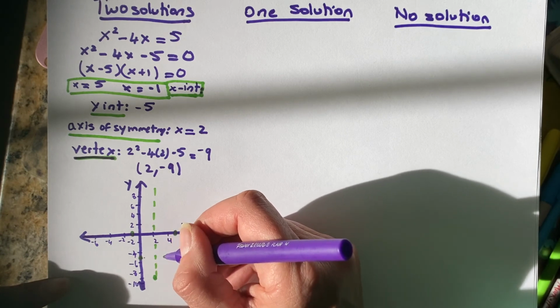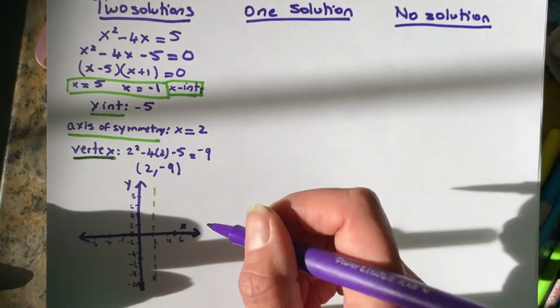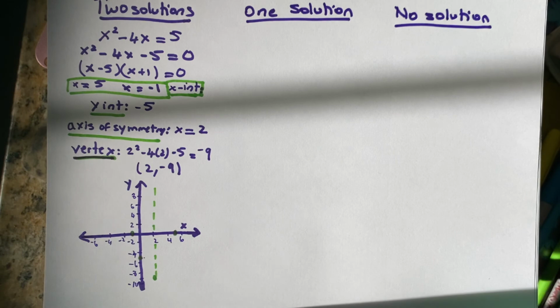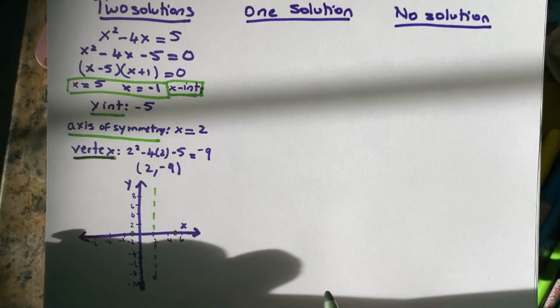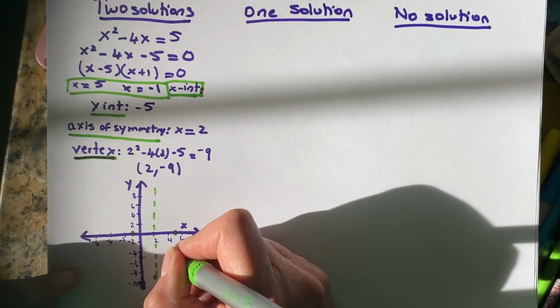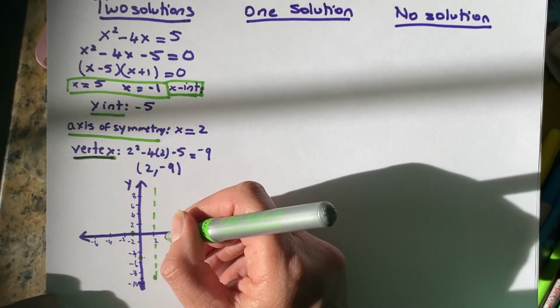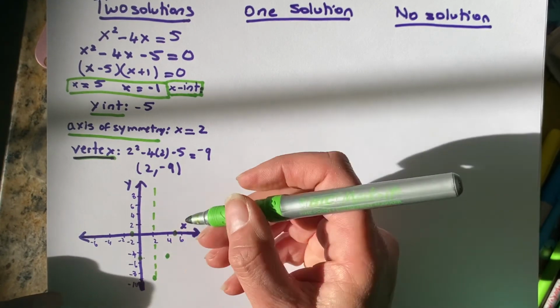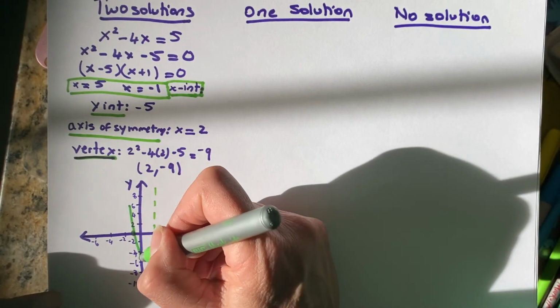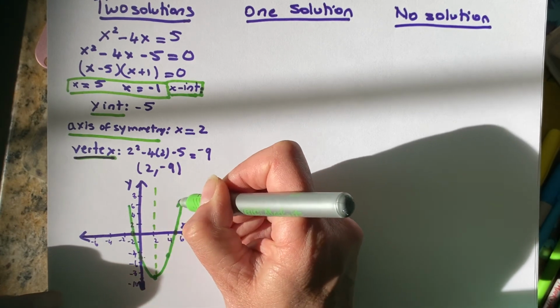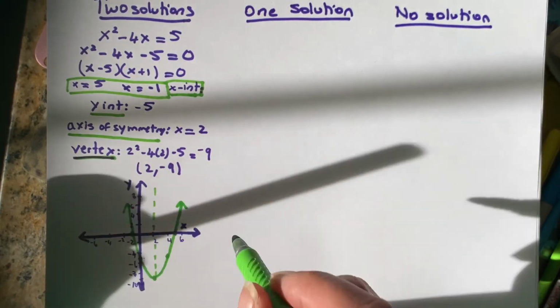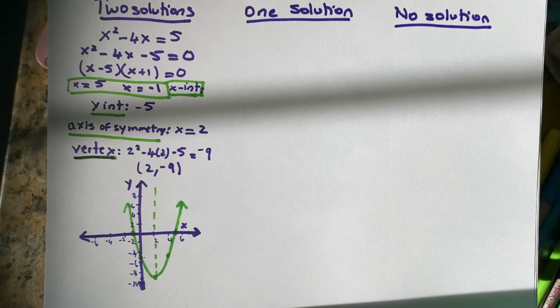If I go 2 units over here, there should be a matching point. And so I know there's going to be a matching point right here that's going to be at the point 4, negative 5. And I can draw my parabola. Now, could I have drawn all my points? If x is 0, y is 1, I sure could, but that wouldn't have been quite this easy.